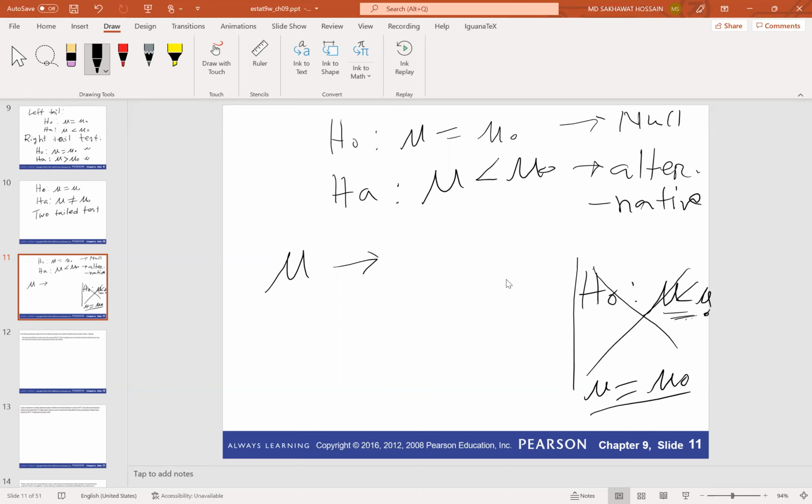Till now we learned two estimates of mu: one is the point estimate and the other is the interval estimate, which is the confidence interval for mu. So what is the point estimate for mu?